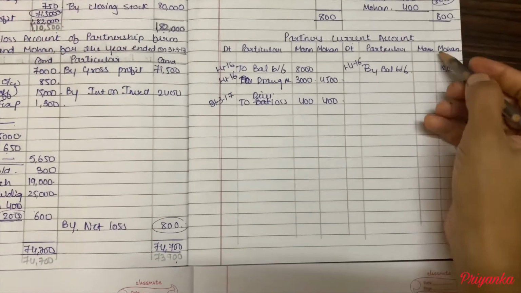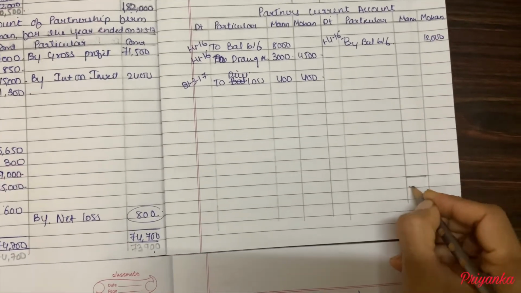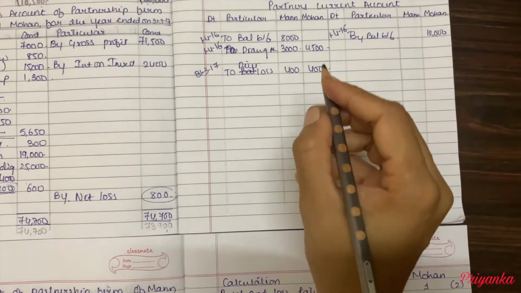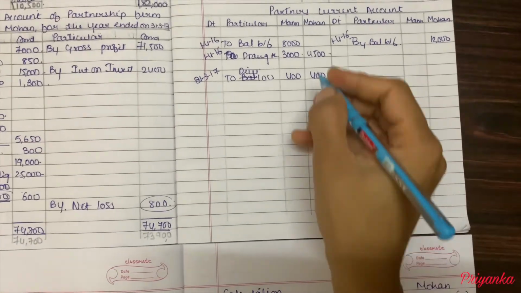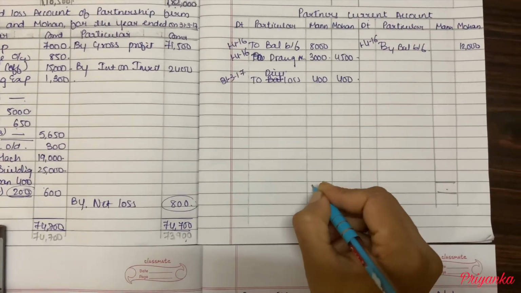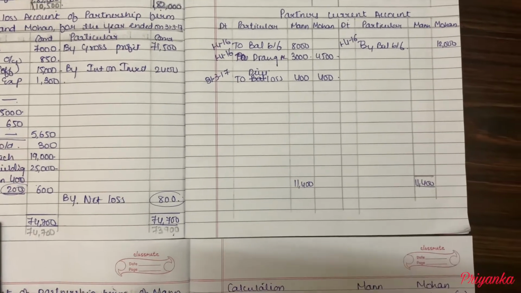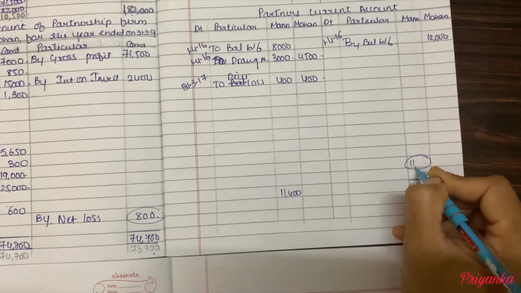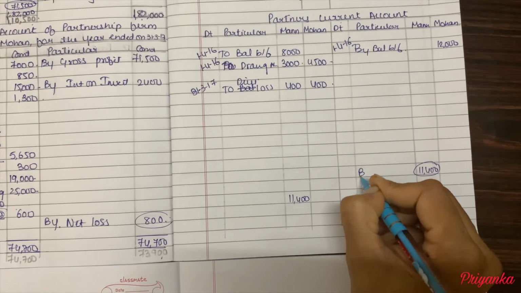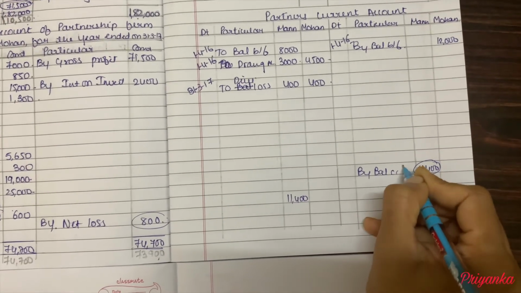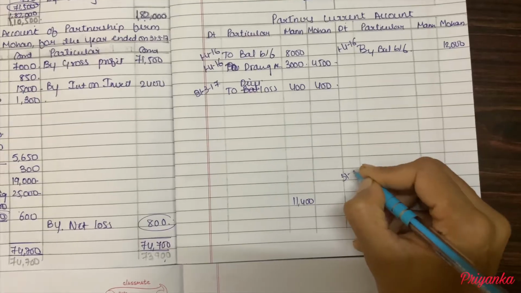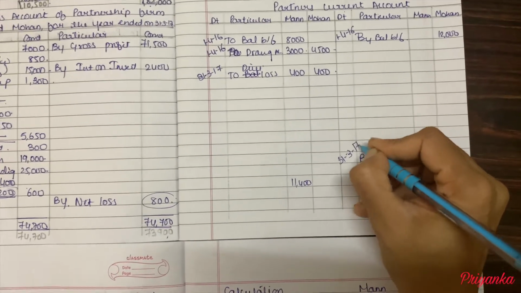Now if we make the total, this side is empty. But if we make the total over this side, we get 11,400. So obviously we write the same amount on both sides, and here we'll write down 11,400 as balance CF, that is closing balance, 31st March 2017.